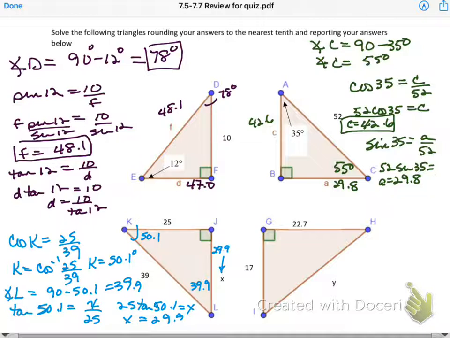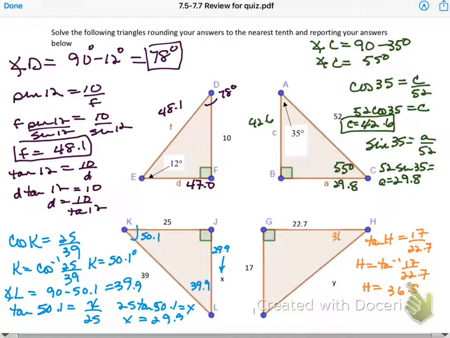Okay, that leads us to just one more triangle. Here is similar to the one I just did in that I have no acute angles given to me. So I start out by saying the tan of angle H equals opposite over adjacent. So therefore H equals tan negative 1 of 17 over 22.7, and H equals 36.8.